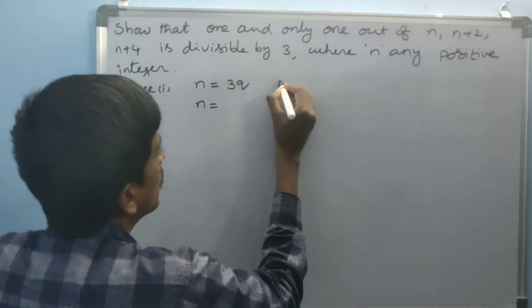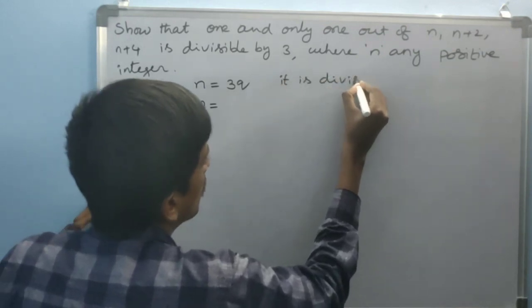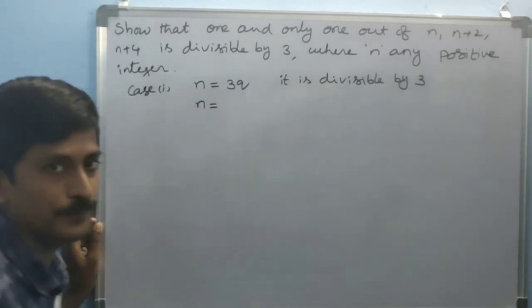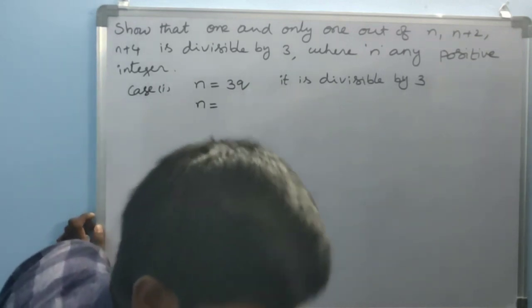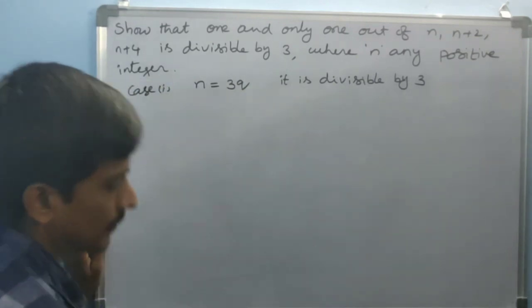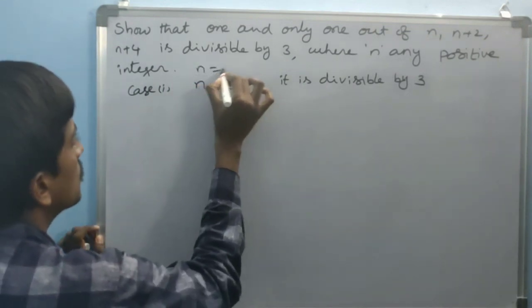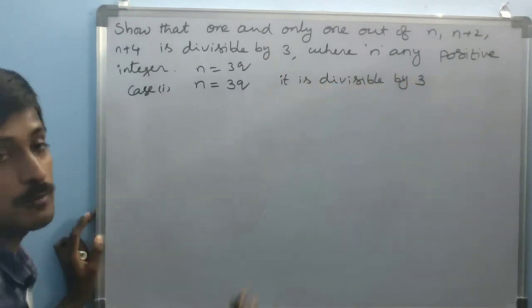So it is divisible by 3. Okay. Next, in case 1, n equals 3q. First, n equals 3q, it is divisible by 3.